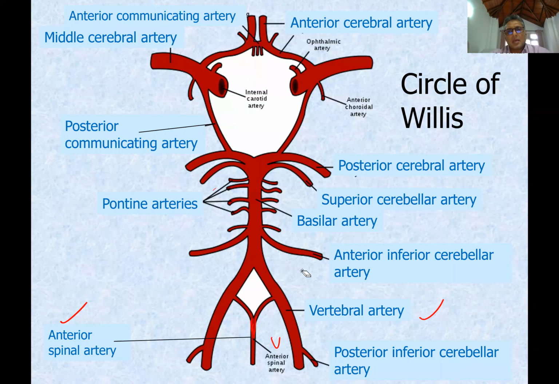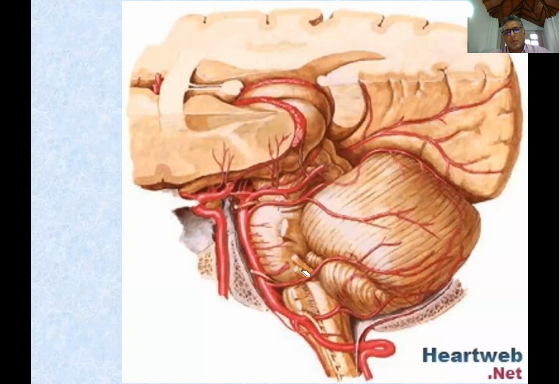Now this slide shows you a few important branches. This is your vertebral artery here, left vertebral artery, and the right side vertebral artery you can't see in this one, but you can see the basilar artery here. Okay, so that is the basilar artery in front of the pons here in the basilar groove, and this is your medulla, this is your cerebellum.